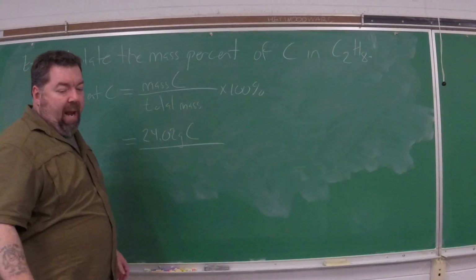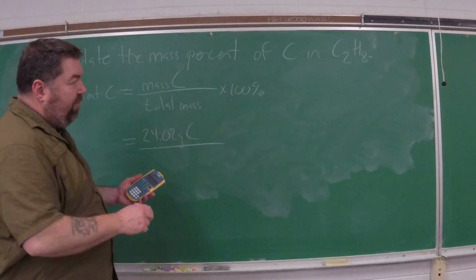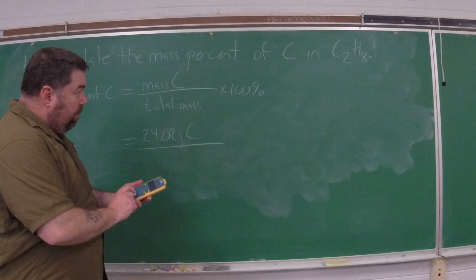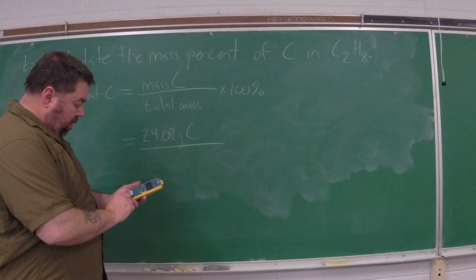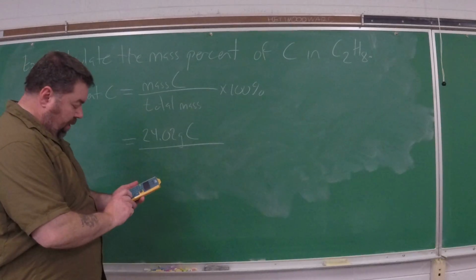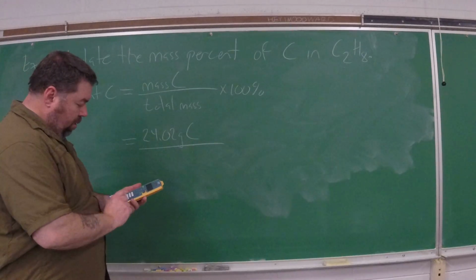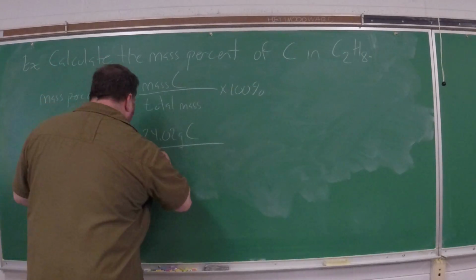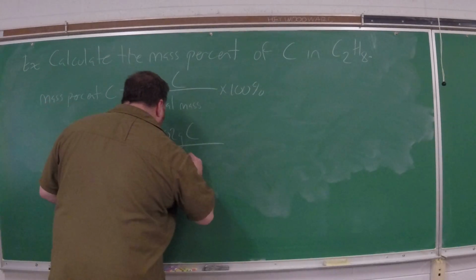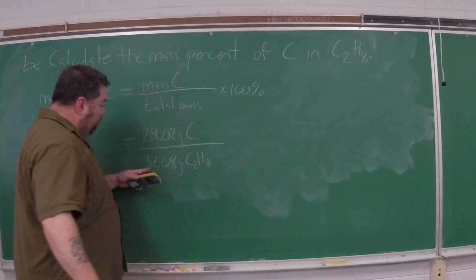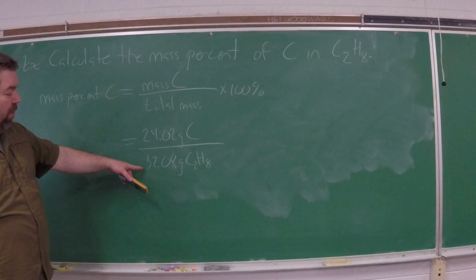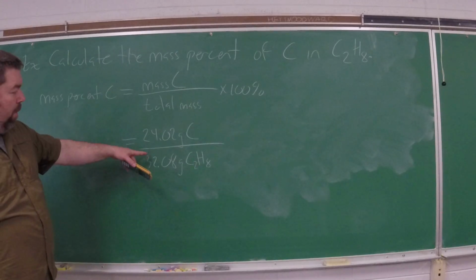Now what would be the total mass? The total mass, say for 1 mole: C2H8 weighs 32.08 grams for 1 mole.